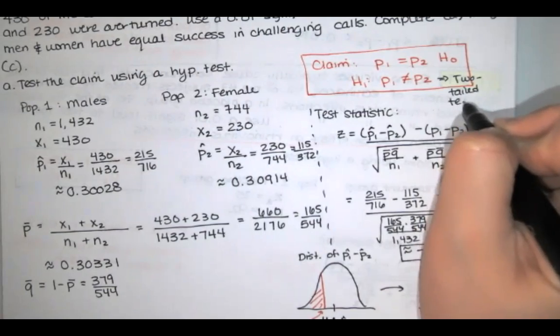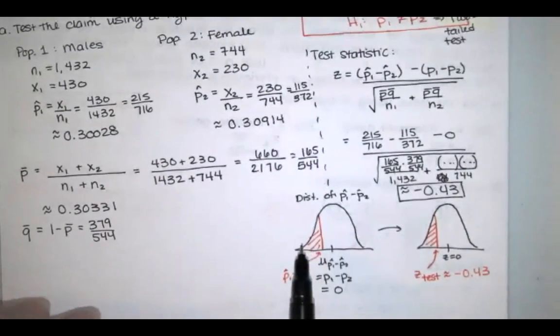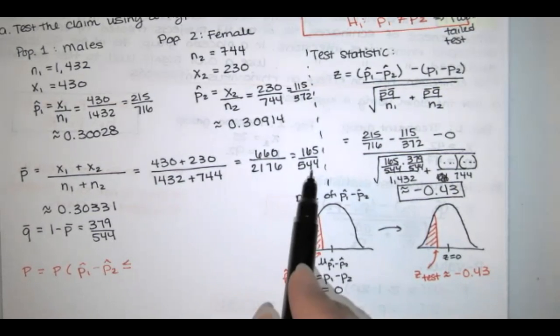So the p-value is not just equal to this area in the left tail, it's double that area, because the p-value in this case is the probability that p1 hat minus p2 hat is less than or equal to the value from our sample.